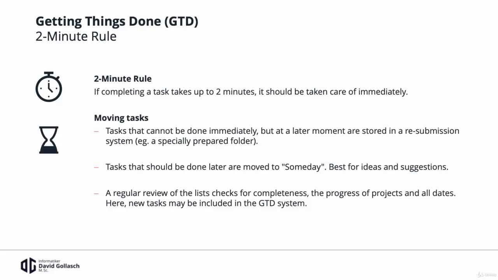You should put them into a folder or a list with ideas, suggestions, visions, so for long-term goals or ideas that you should review regularly and decide on a regular basis whether you would consider moving the task onto your action list or into a project, or you delete it, you eliminate this task because you think, okay, it's not that necessary to do, so I would remove it from the someday list as well, or you decide to keep it on your someday list, someday category, whatever.